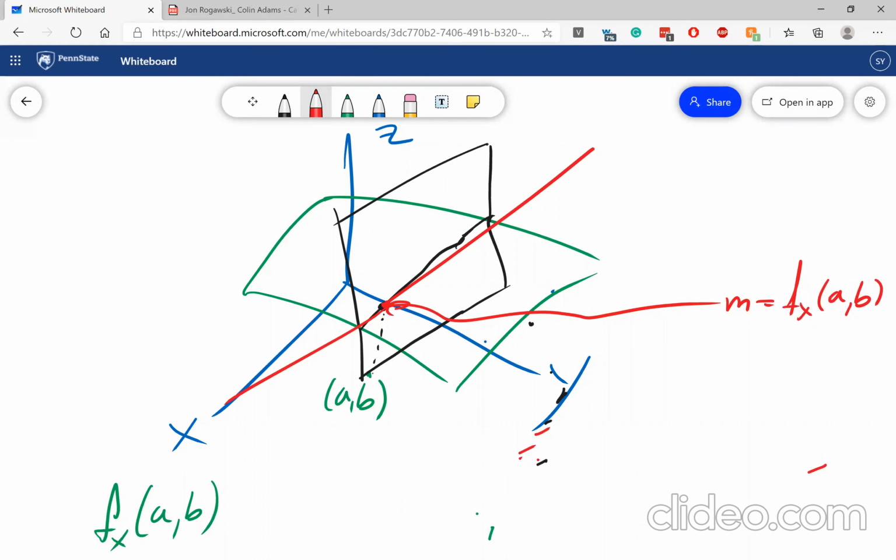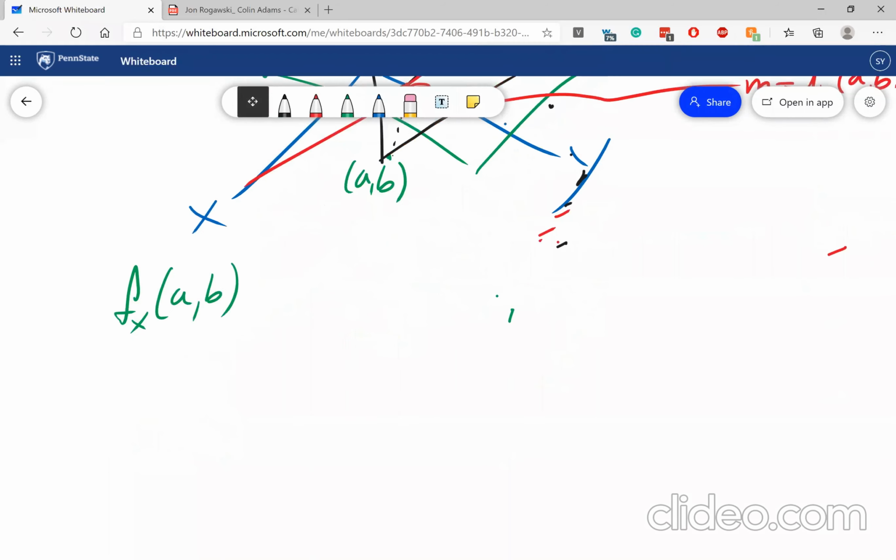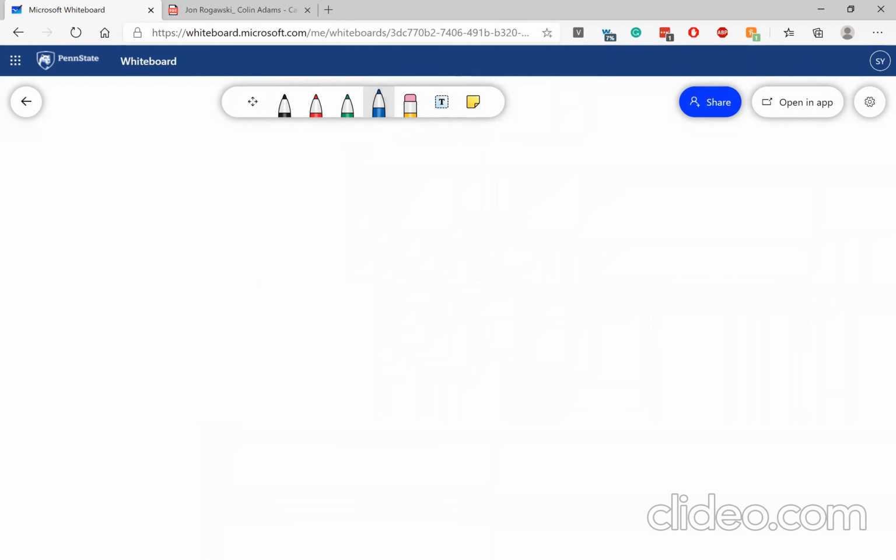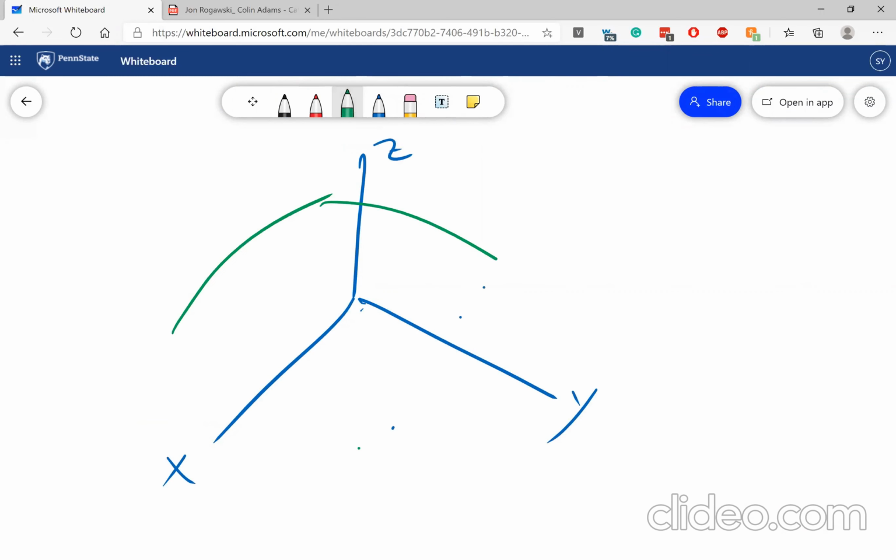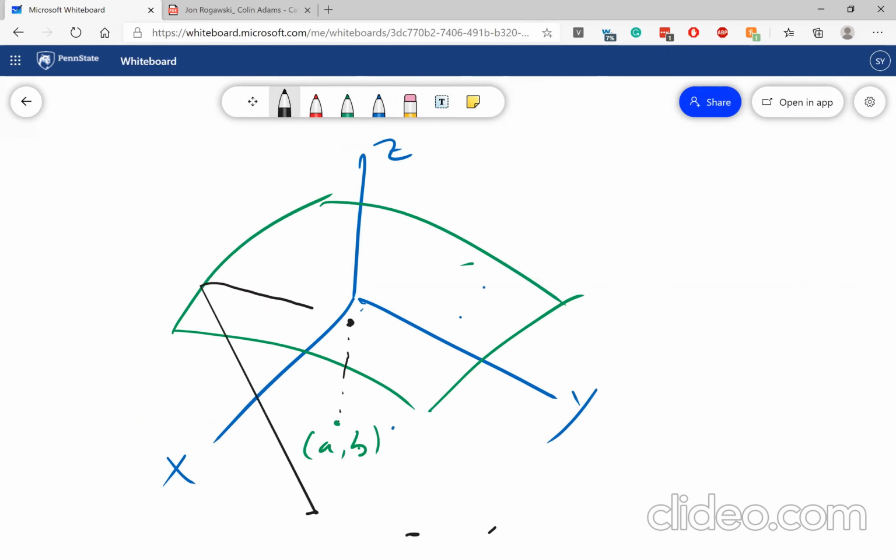Okay, similarly, in terms of the y direction, we can again look at our surface. And again, we're at the point AB, which on our surface would be this point. And this time, we are going to take a plane that slices in that direction.